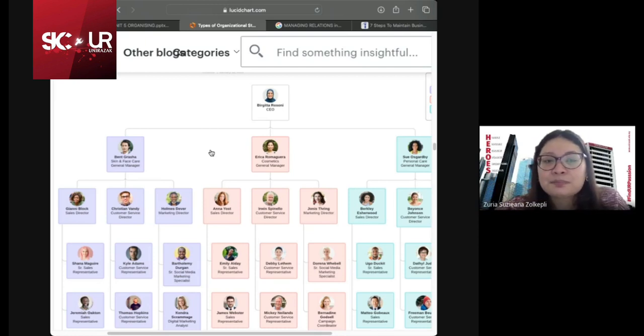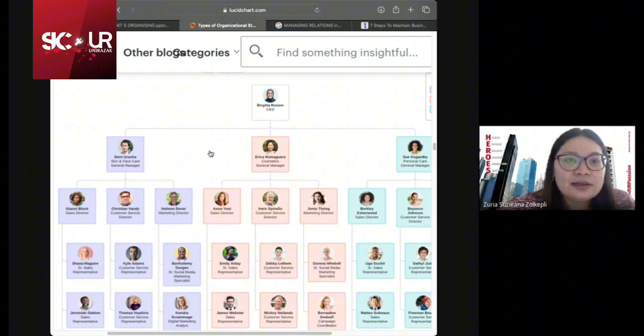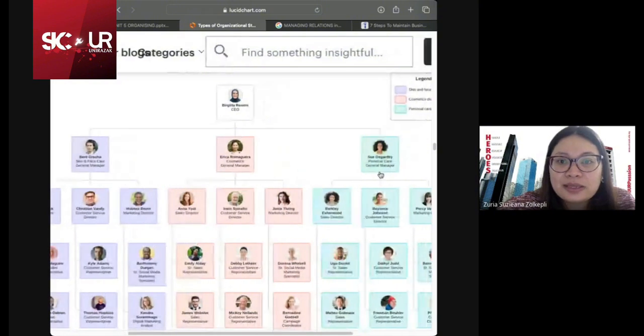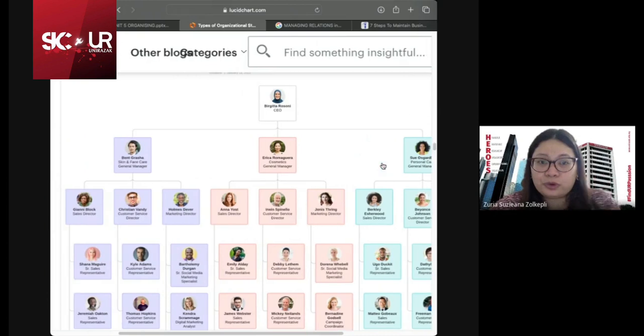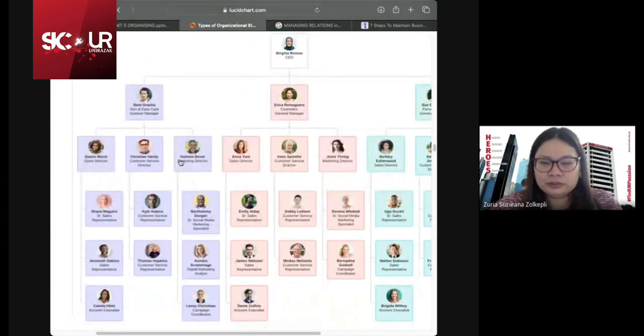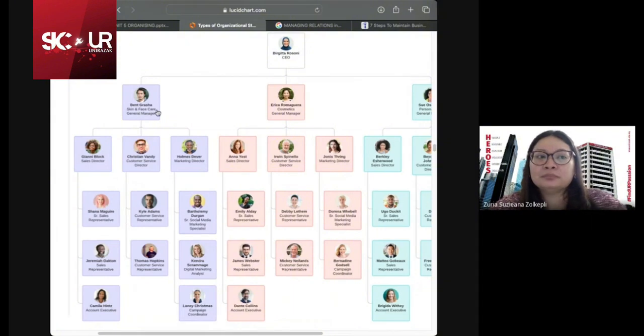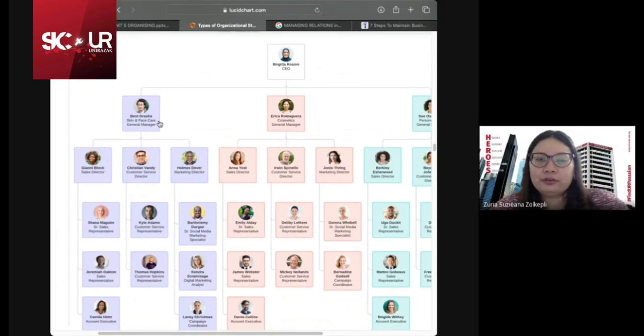It depends. So here you can see that this is product: skin and face care, cosmetic, personal care. So different products, and under each product they have a normal structure, functional structure again, or departments, right? Depends. But the middle level management is based on product.